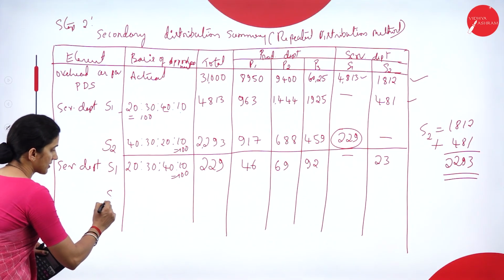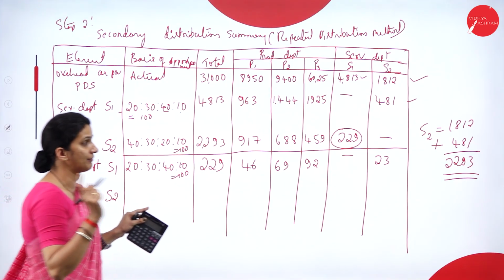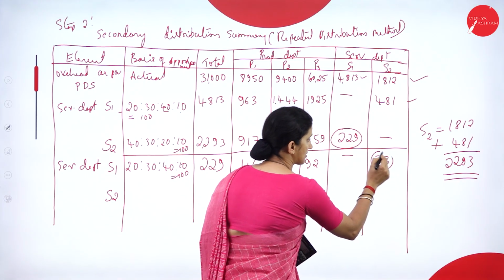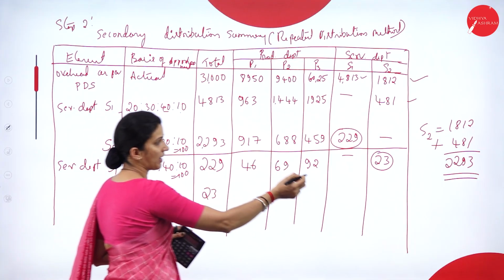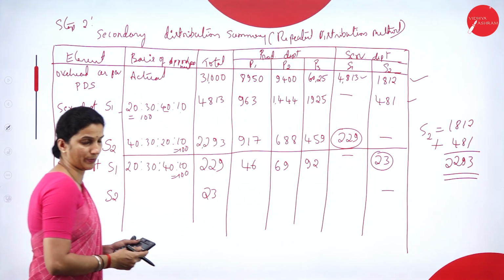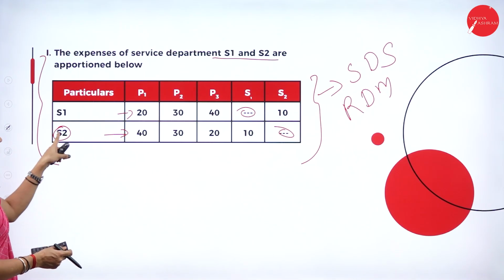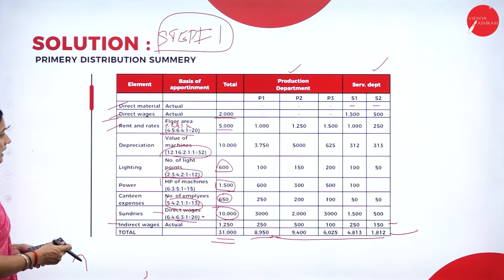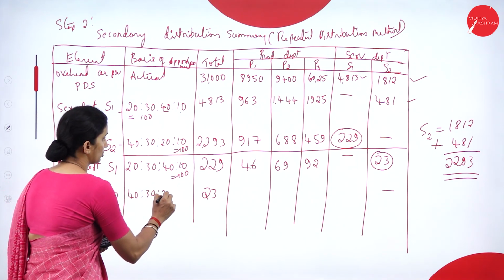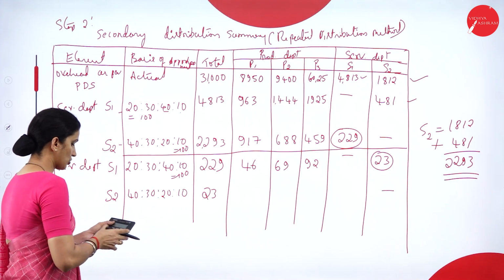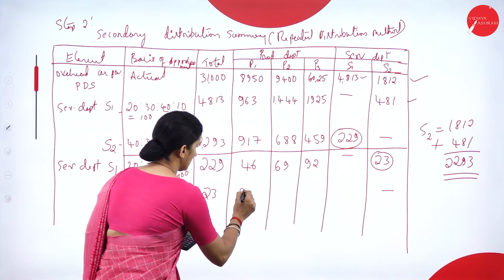Then again another service department, S2. What is the overhead of S2 now? We have only 23. That 23 will be allocated to all the departments except this one. The ratio for S2 is the same, whatever is given in the question: 40, 30, 20, 10. So 23 into 40 divided by 100 is 9.